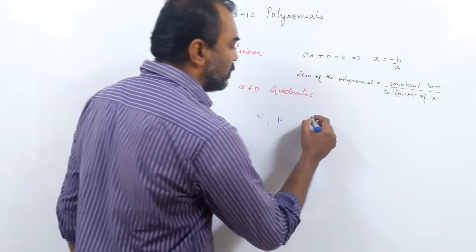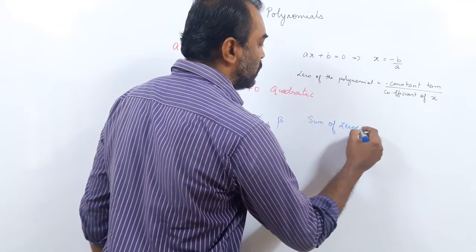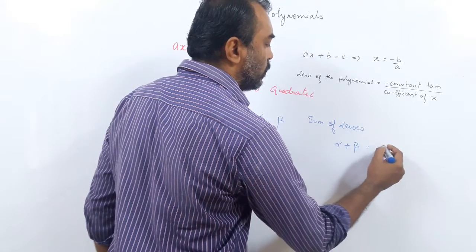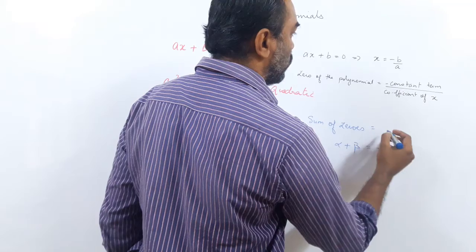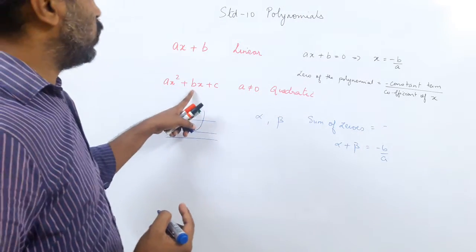And what did we get? Sum of the zeros, that is alpha plus beta equal to minus b upon a. Same as this. But this time, b is the coefficient of x.